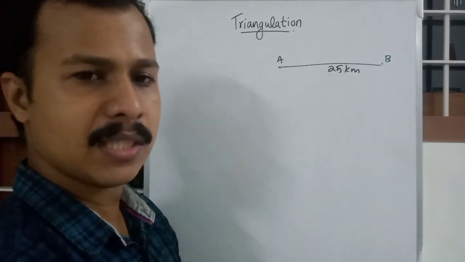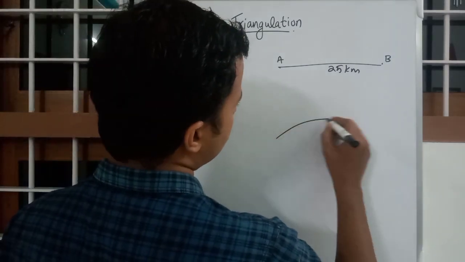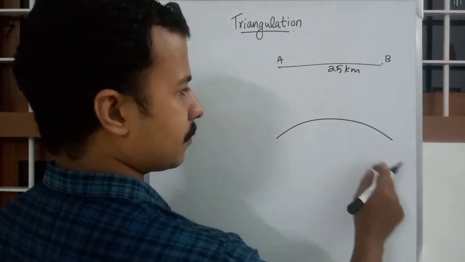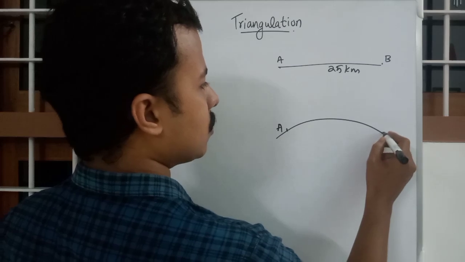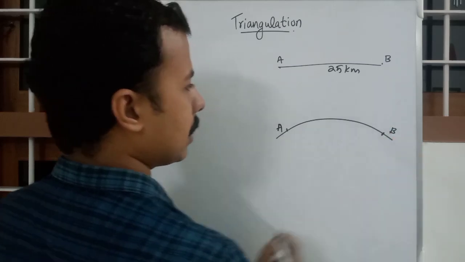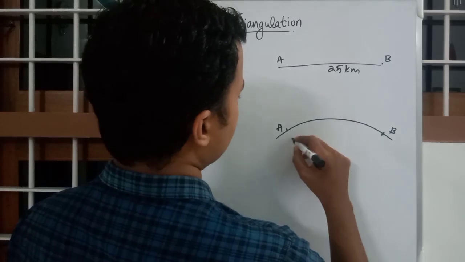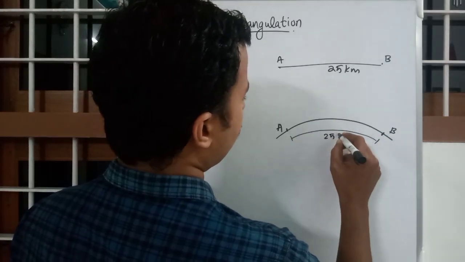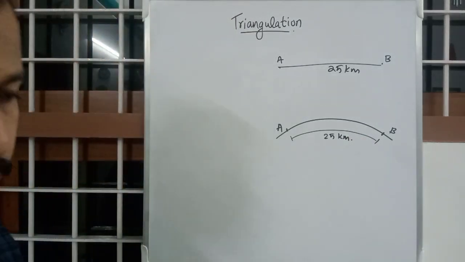They are not intervisible. So you have to draw like this. This is the curvature of earth, and this is A and this is B, and this distance is 25 kilometers as our example. It can be any number of kilometers.